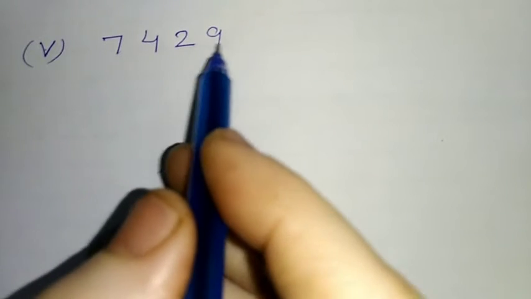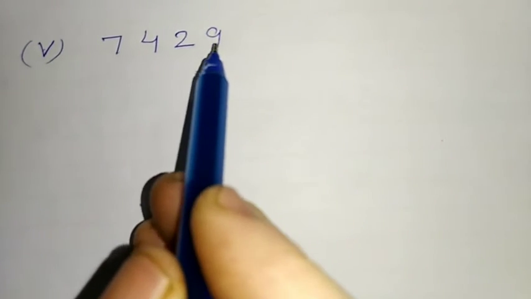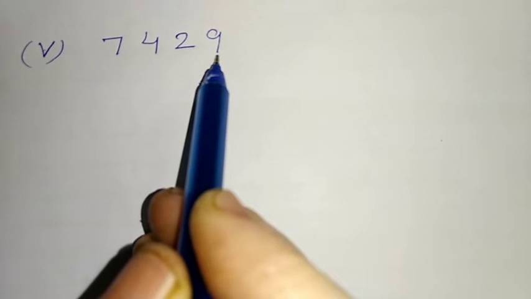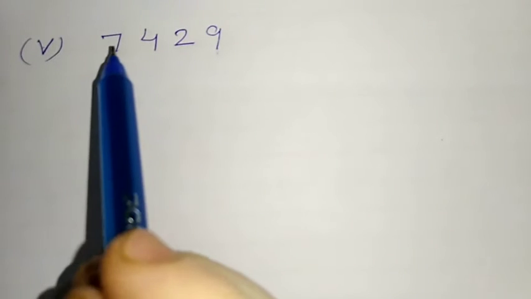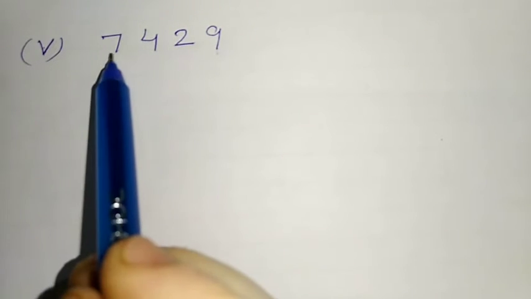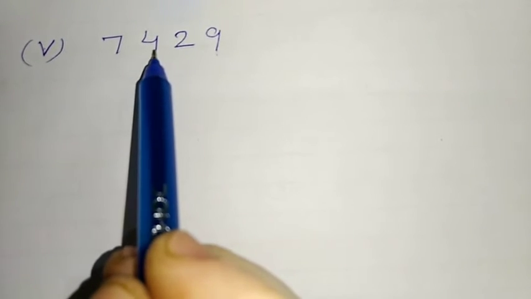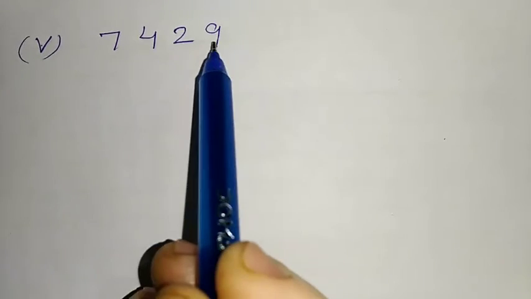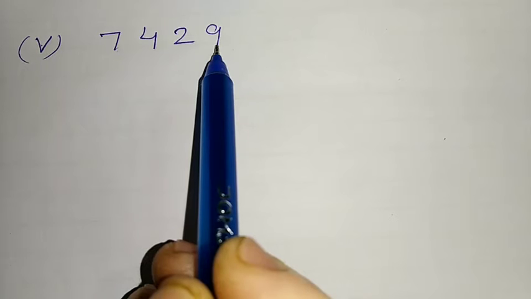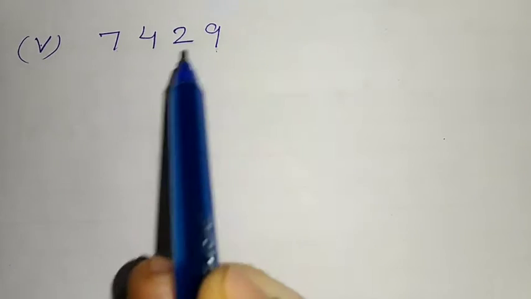Now we will solve the last question. 7429. This is not divisible by 2 because the one's digit is not 0, 2, 4, 6, 8. Check whether the number is divisible by 3. 7 plus 4 is equal to 11. 11 plus 2 is 13. 13 plus 9 is equal to 22.